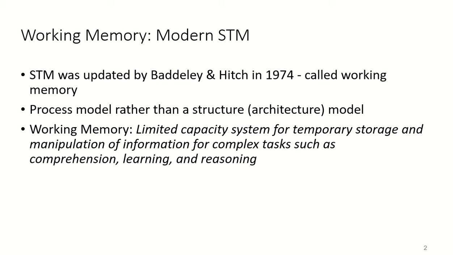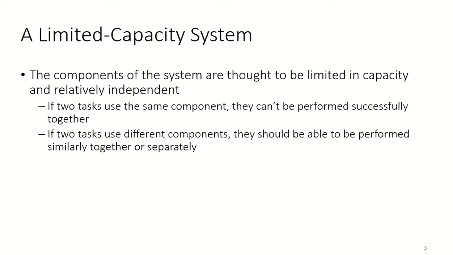And this is interesting: manipulation of information for complex tasks. In other words, this is a very active system where we use information to comprehend things, learn things, and reason about things. So it's very much focused on active engagement with actual tasks.